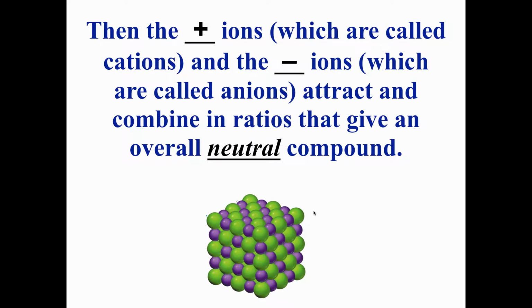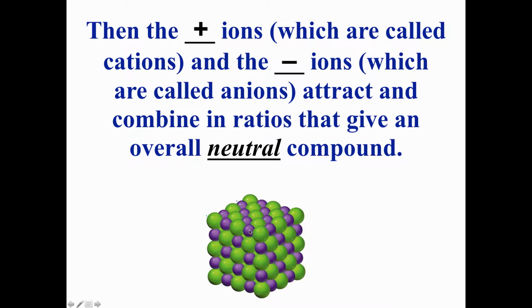Picking up where we left off last time, the positive ions, which are called cations, and the negative ions, which are called anions, attract each other and then combine in ratios that give an overall neutral compound. For example, here is a crystal of sodium chloride. For every one positively charged sodium ion, there's a negatively charged chloride ion.